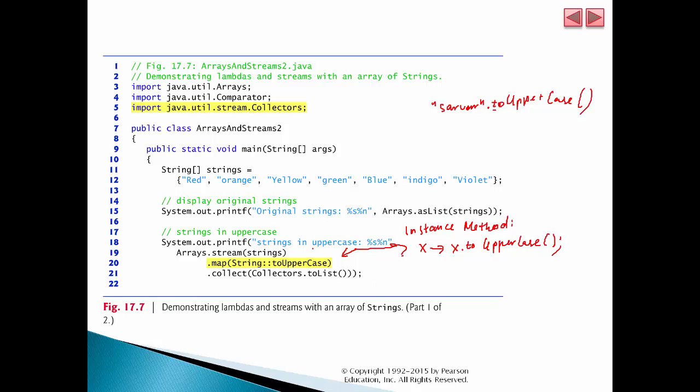Okay? If I'm calling the instance method. What if I call, instead, not the instance method, but the class method? Let's say I've got a class method called format. String has a class method called format.